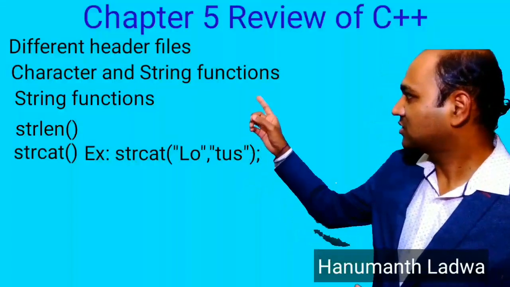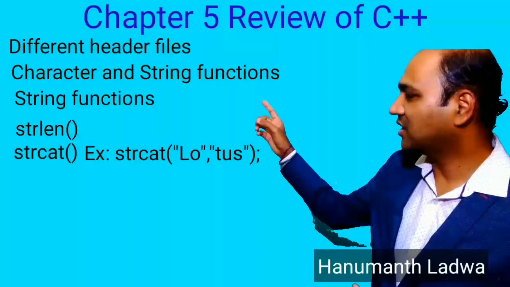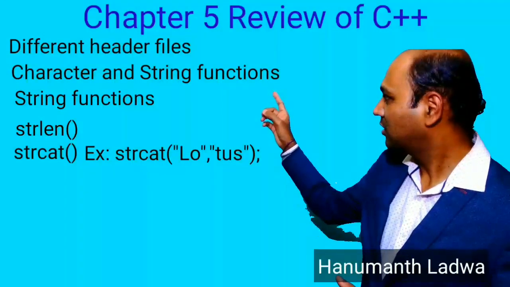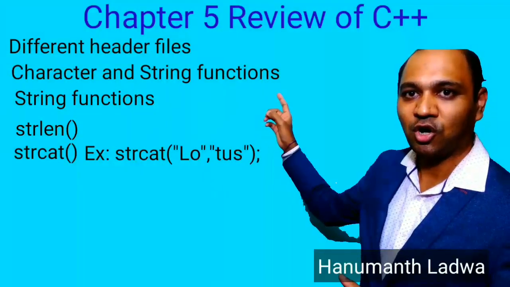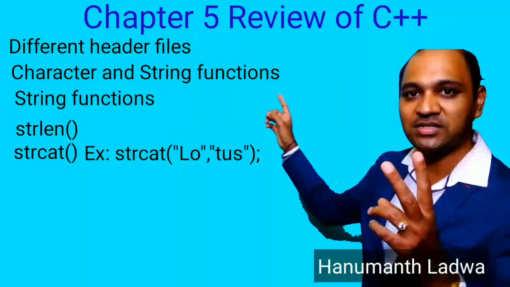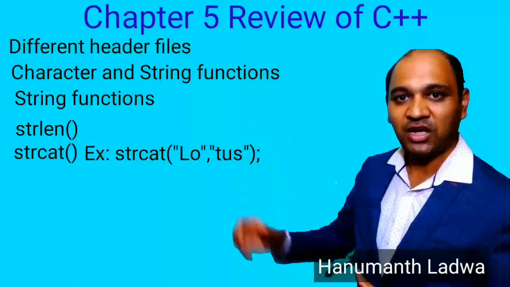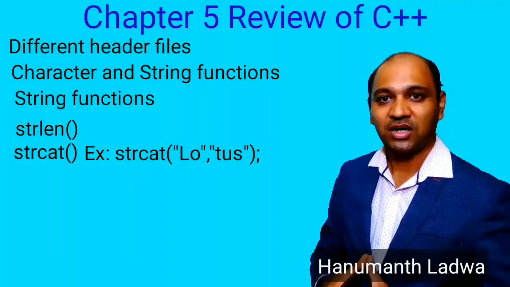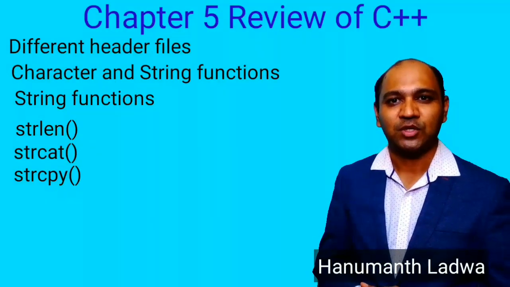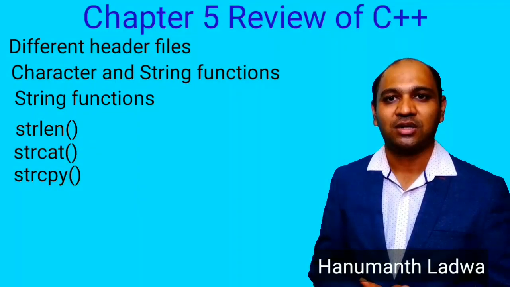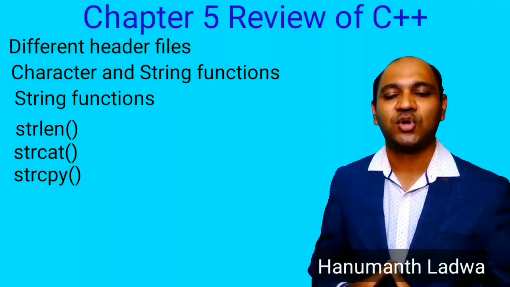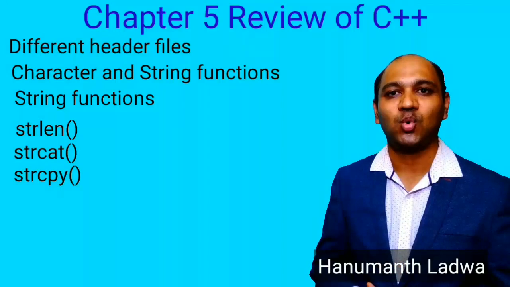Here we say strcat("lo", "tus"), with "lo" as the first string and "tus" as the second string. Now this function returns lotus. The strcpy function copies string 2 in place of string 1, replacing string 1.